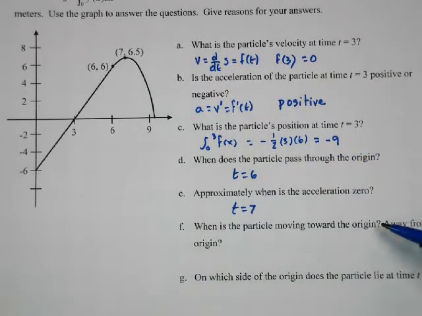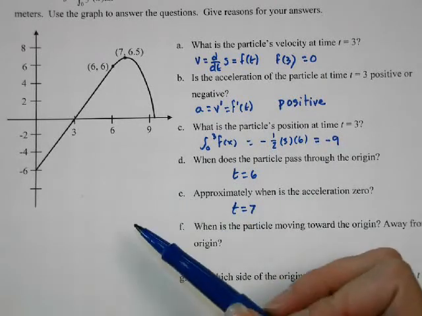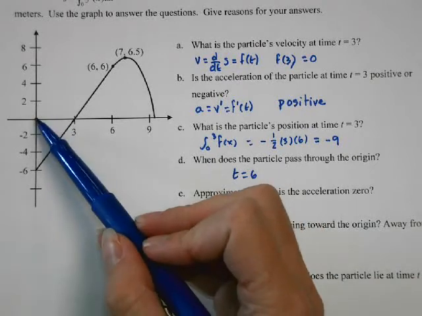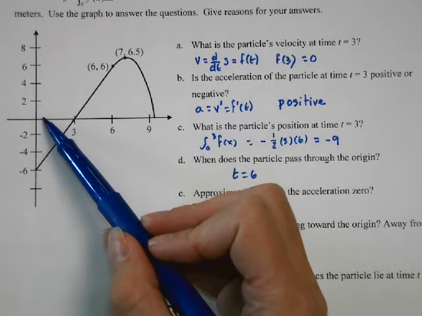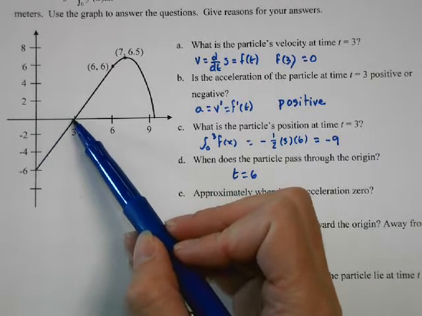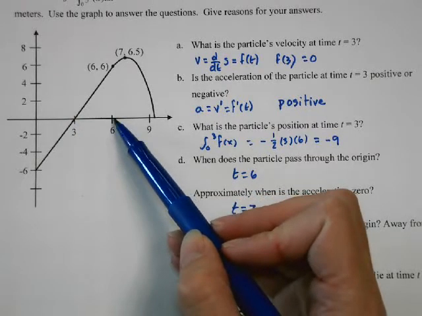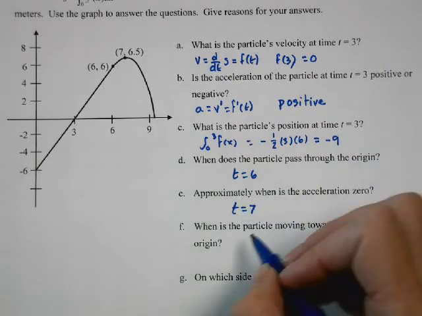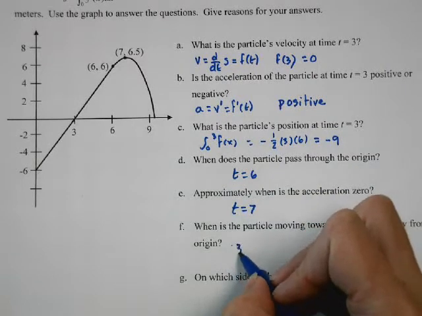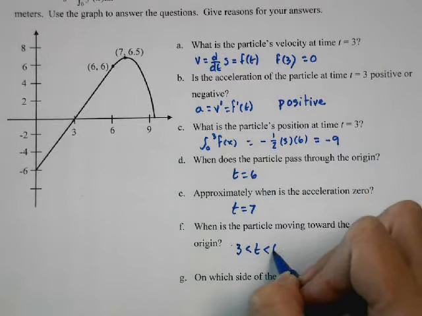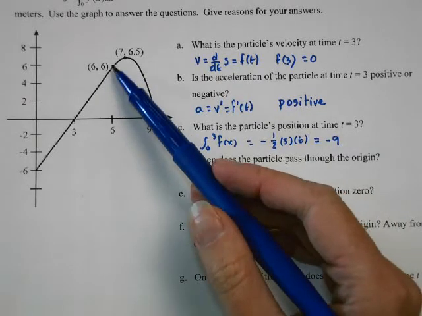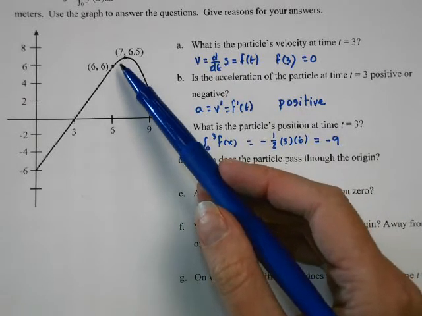When is the particle moving towards the origin? Starting here at 0, it adds negative area until here, then changes direction and moves towards the origin. At 6, it's at the origin.